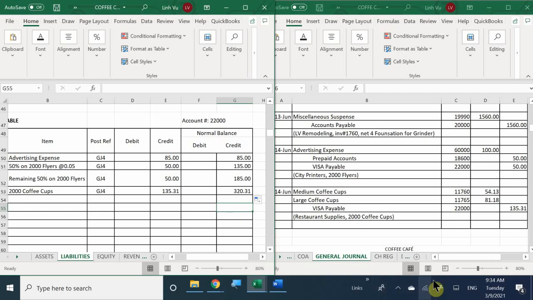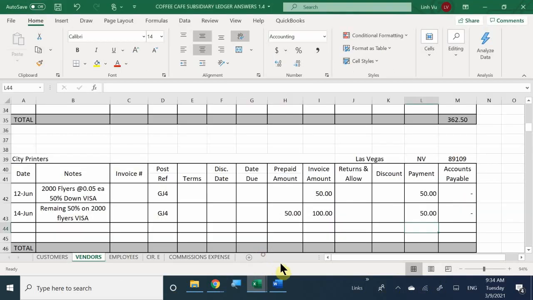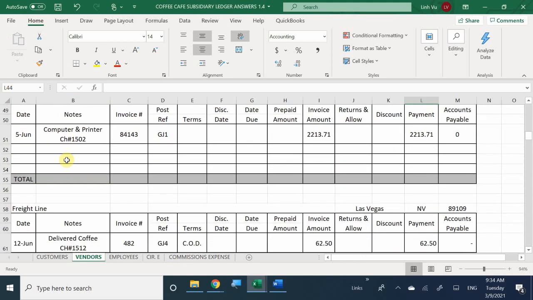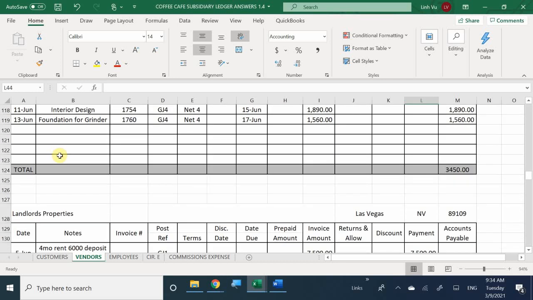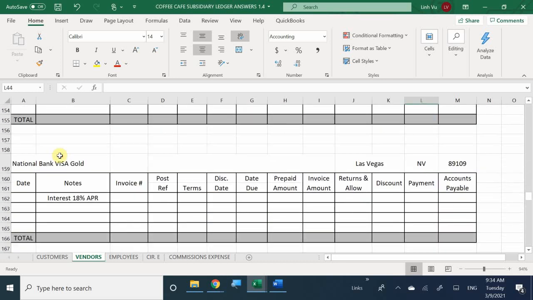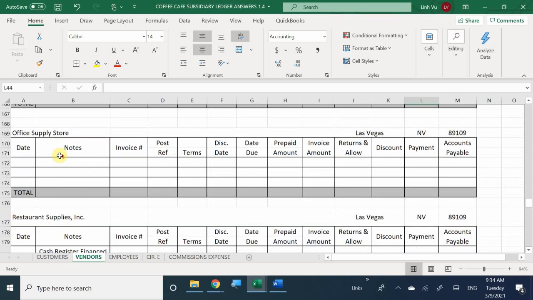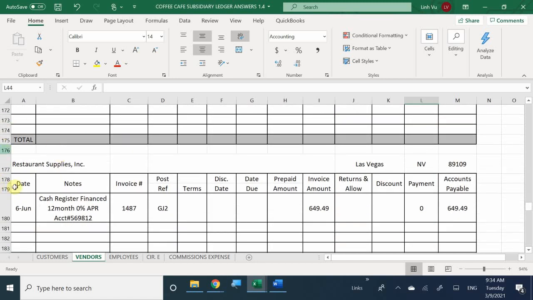All right. Last but not least, we have to update our subsidiary ledger. And this time we went to restaurant supplies. So let's see. Restaurant supplies. All right, restaurant supplies. So, is this our first encounter for restaurant supplies? No. No. We actually owe them money for a cash register. So, in this case, I'm just going to go ahead and fill in the 2,000 coffee cups.